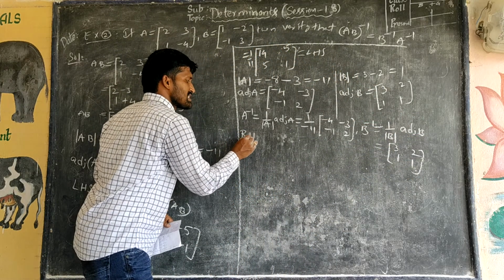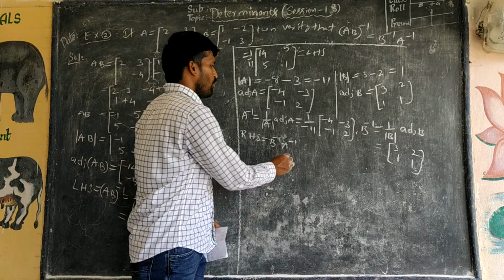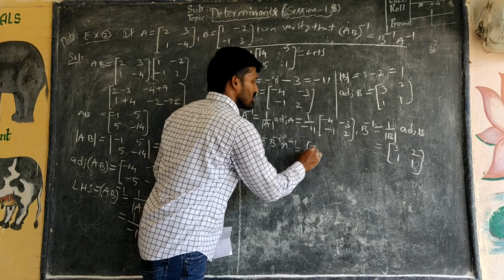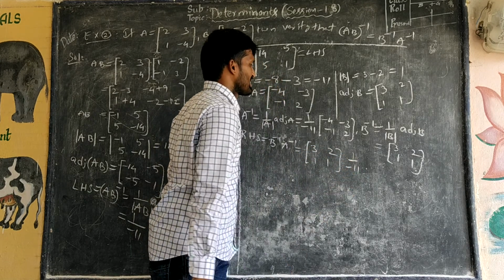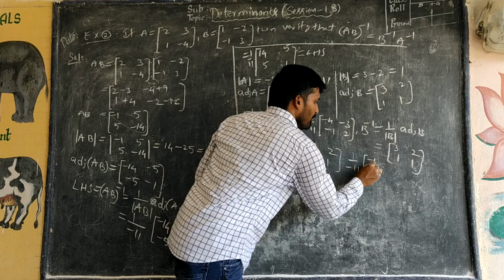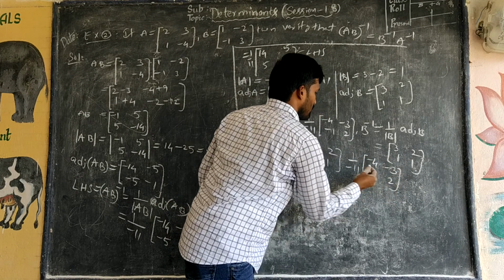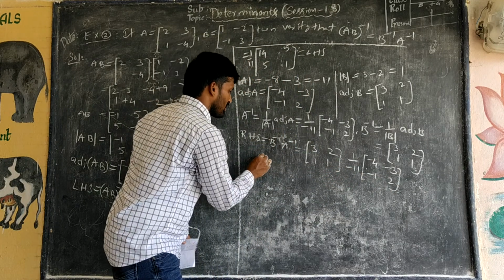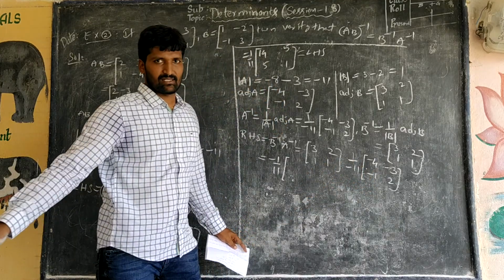What is the RHS? B inverse into A inverse. What is B inverse? [3, 2; 1, 1], into A inverse, which is 1 by minus 11 into [-4, -3; -1, 2]. I am taking 1 by minus 11 common: minus 1 by 11. Multiply these two matrices.